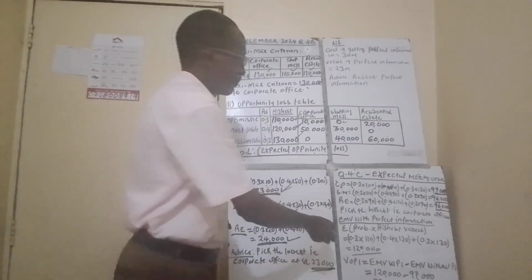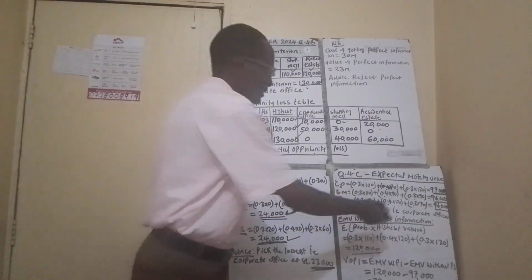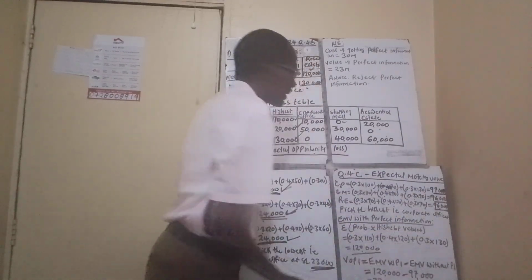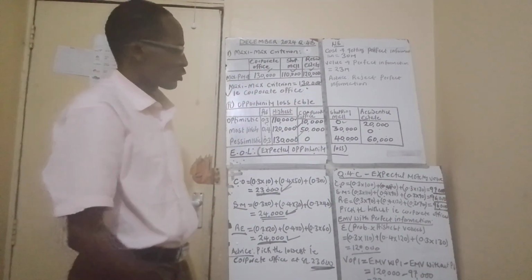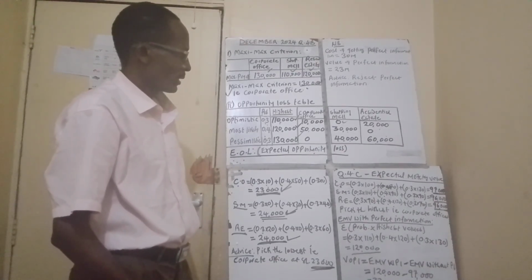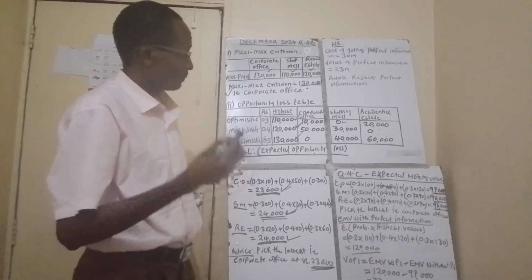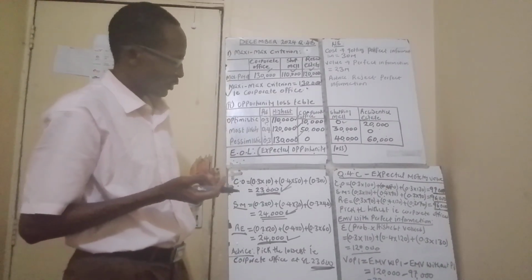For shopping mall, 96,000. And for residential estate, 96,000. Pick the highest. The highest is 97,000, which is the corporate office. So that is expected monetary value without perfect information.